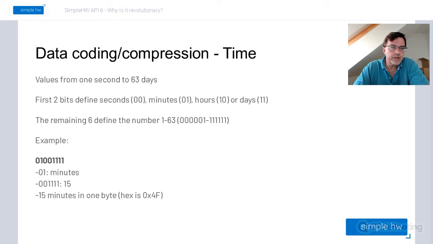So 63 is the limitation. I hope this is clear. We have again API 6 explain again, and we can give you more examples if needed. And we are using simple time encoding, how we call it. We are using it for most of the values. We are making an exception, I think, only for some values where we are using milliseconds, but for 99% of all the values in API 6, we are using simple time.